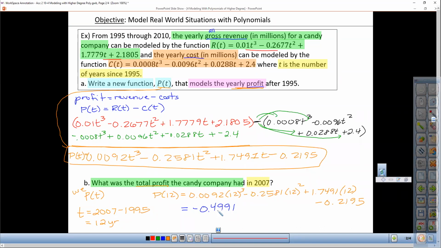And realize, nope, wait, there was something else about how things were defined here. Remember how it said our revenue is in millions and our cost is also in millions, which means that our profit is in millions also, because it came from those two functions. So this by itself isn't the correct number. We need to now take this times 1 million.